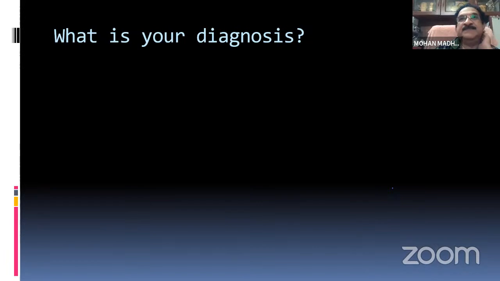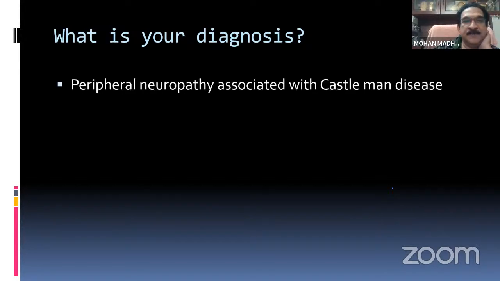I can only make out that this patient has peripheral neuropathy, but no other definite clues to suggest POEMS syndrome. There is no organomegaly, no skin changes, no endocrinopathy, and no M band. Anyway, I wanted to rule out whether it could be POEMS in this patient. So is it Castleman disease, or is it POEMS? That was my question.